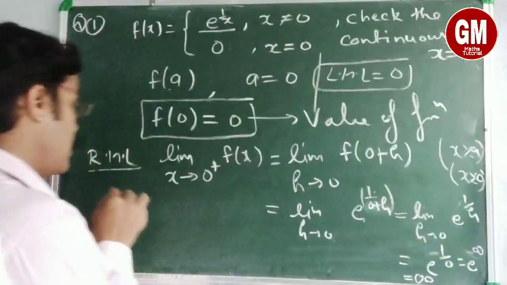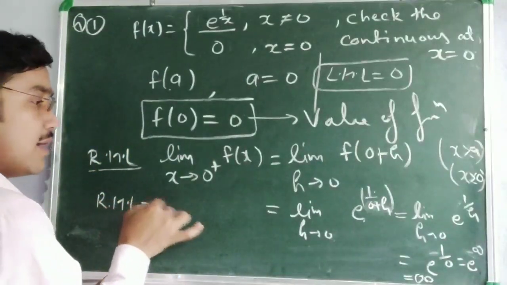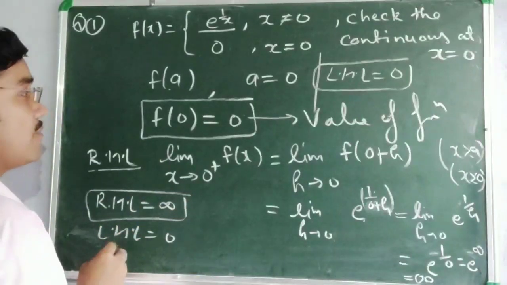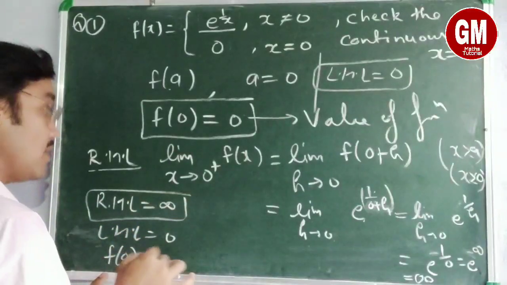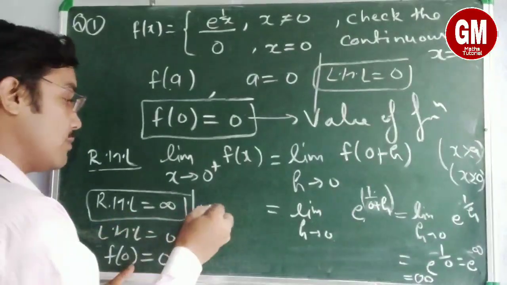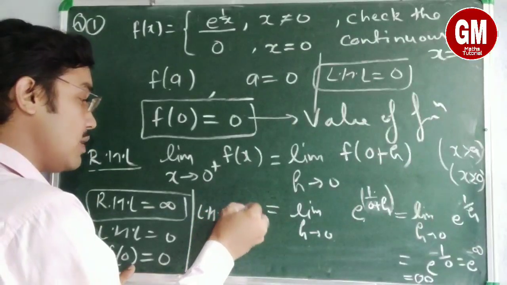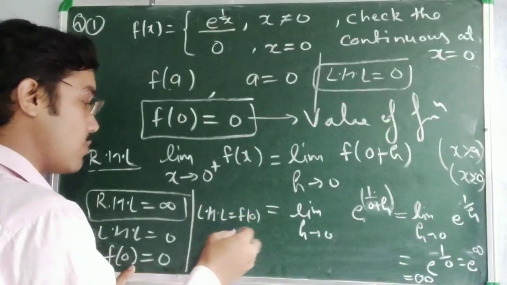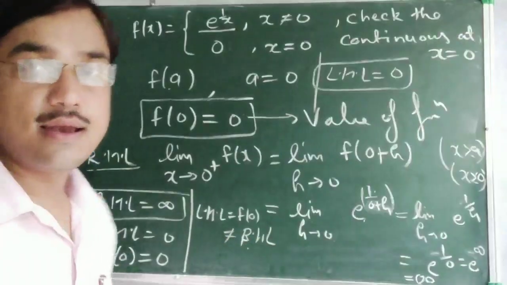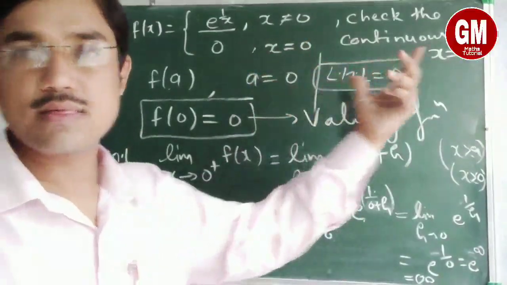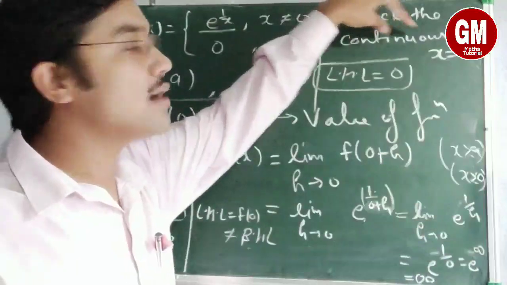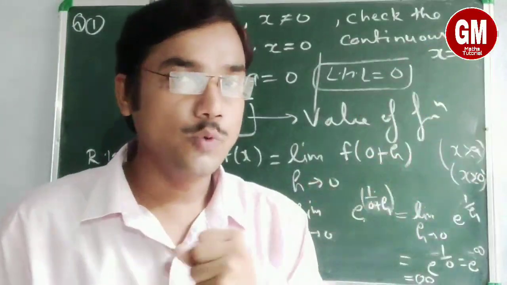Right hand limit is infinite, and left hand limit is 0, and value of function is 0. Look at here, left hand limit is not equal to right hand limit. Left hand limit is equal to value of function but not equal to right hand limit. Hence we can say that the function is discontinuous at point x equal to 0. Otherwise we can say that the function is not continuous at x equal to 0.